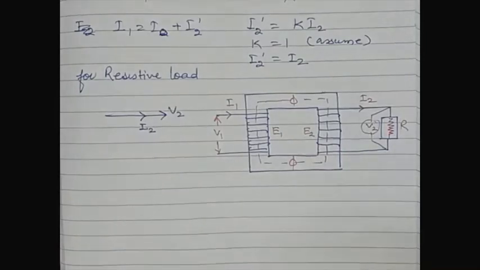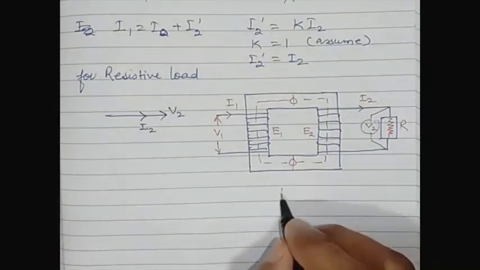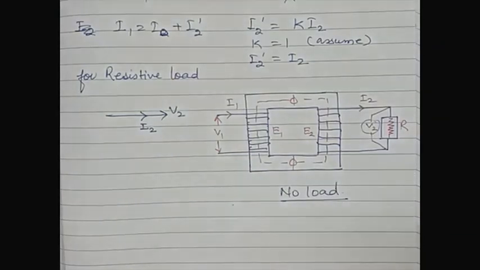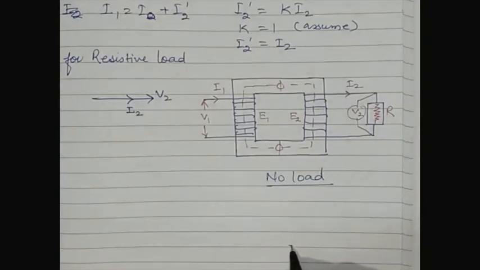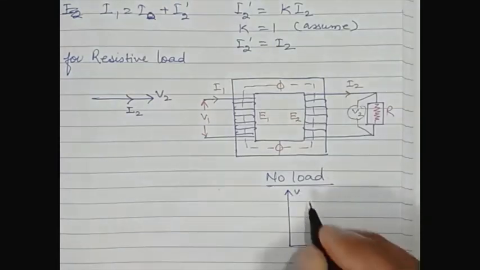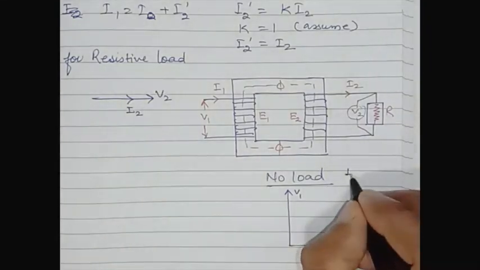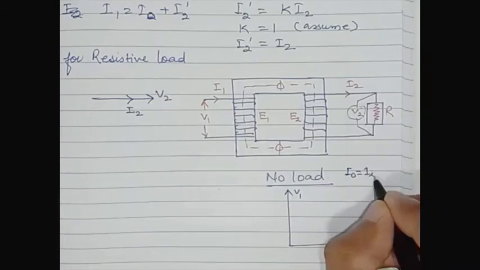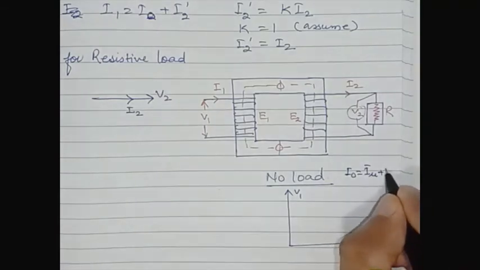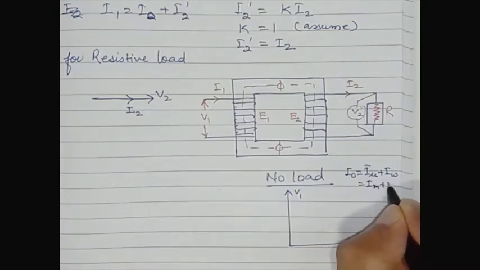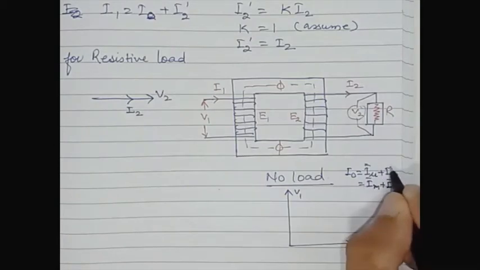When the transformer was on no load, what sort of phasor did we draw? This is phi, this is V1, and I0, in that lecture, was having two components, Im and IW, the phasor sum of these.